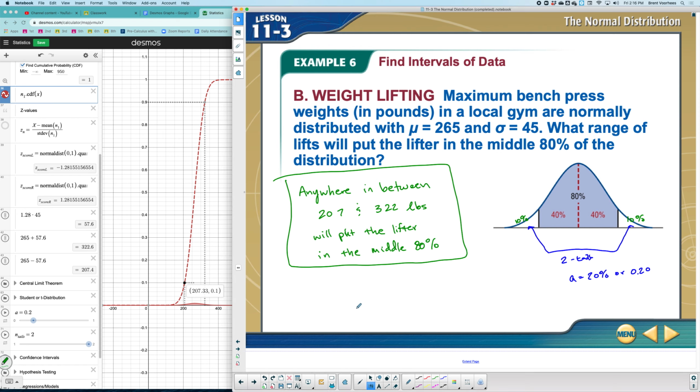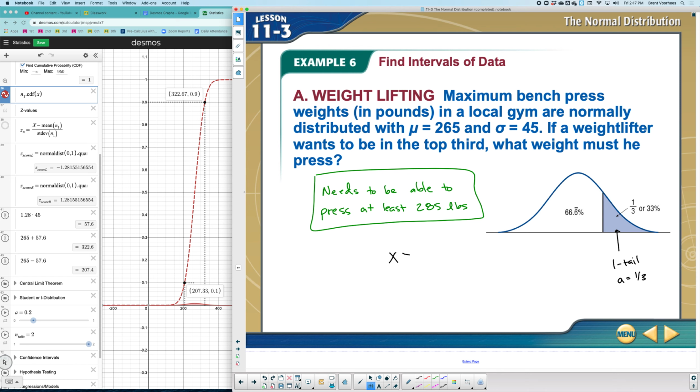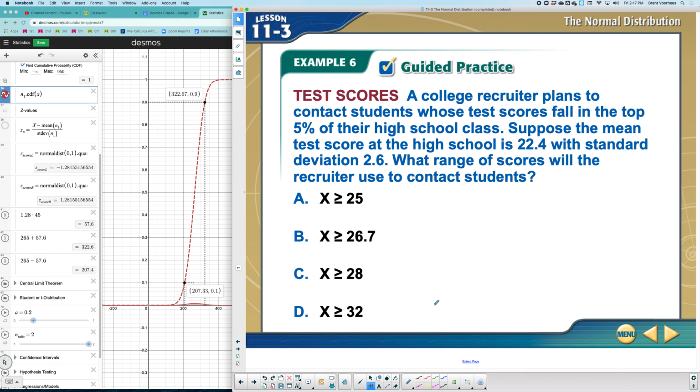So less than 323, counting in whole numbers, would work right there. I'm going to go ahead and just put 323 to be consistent. And on the previous problem, you would say x needs to be greater than or equal to 285 pounds. That would be the answer this time. Okay, now you can try this problem here.